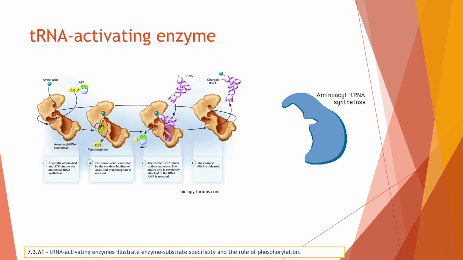It is not like after binding to the active site, some magical catalysis occurs. This catalysis is the fact that the enzyme changes shape, bringing two substrates closer to each other in a way which is sufficient for the bond to form. The induced fit model is something you should know, and if you need any example to illustrate the idea of the induced fit model, you can use the case of tRNA activating enzyme and how it behaves when performing its job.